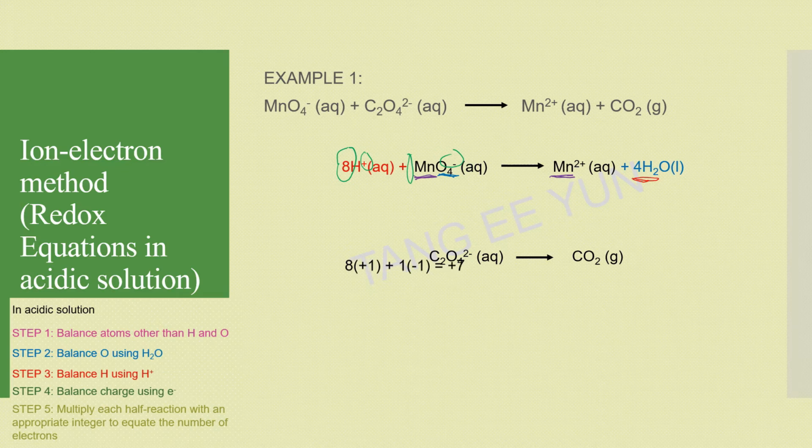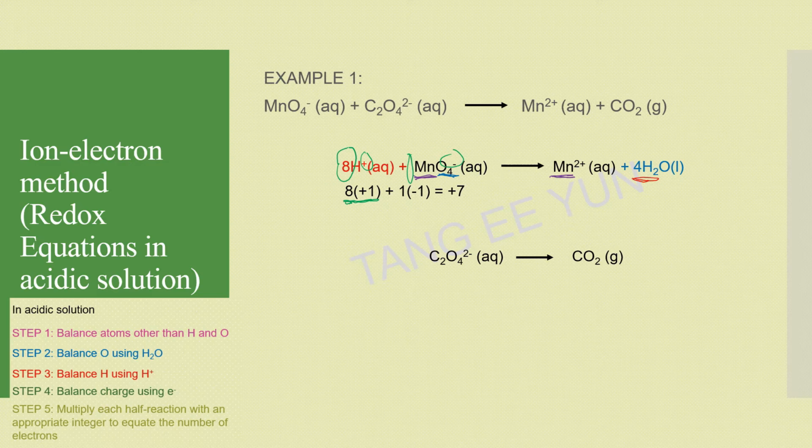On the reactant side, for hydrogen ion, there are 8 of them, and the charge is +1. So we multiply this coefficient with the charge, and then we sum it with the coefficient times the charge for the permanganate ion.